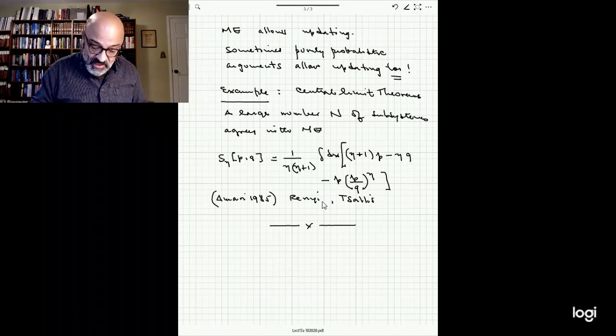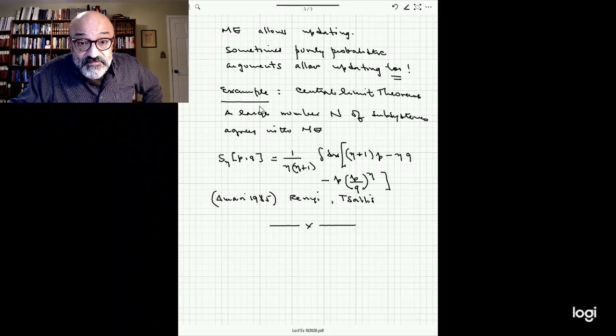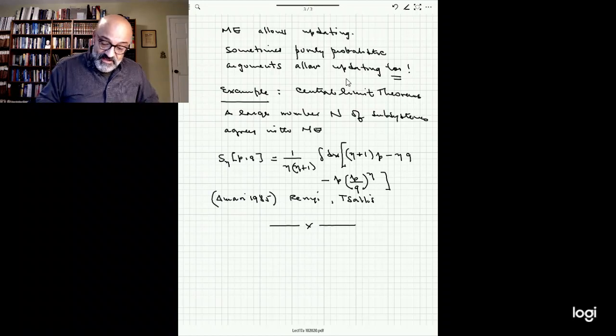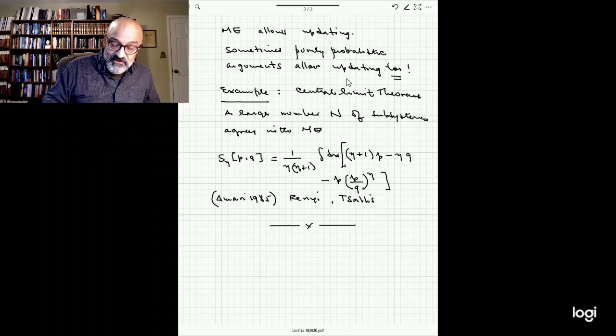Crucial check. Here is another one. There is another situation where we can use purely probabilistic arguments to do the updating from a prior to a posterior. We saw that. One of them that we saw towards the beginning of the course was Bayesian updating itself.